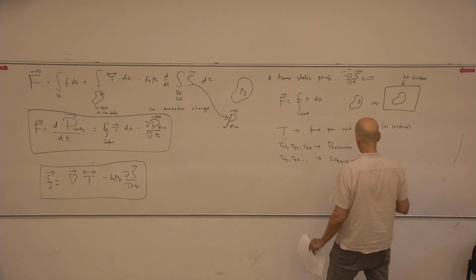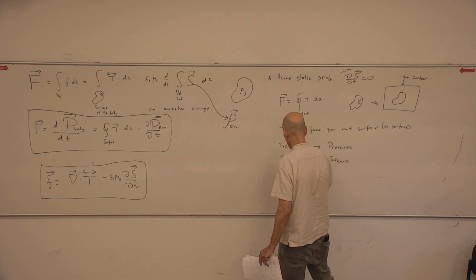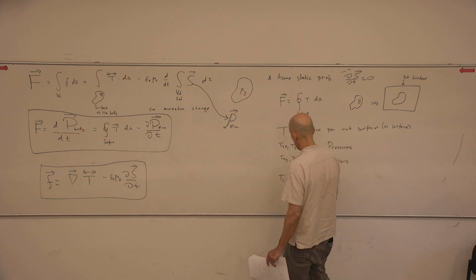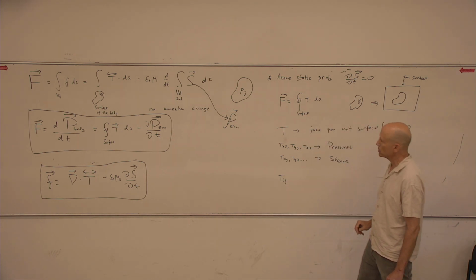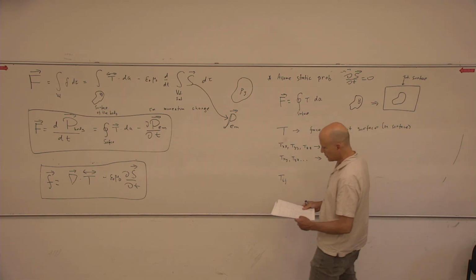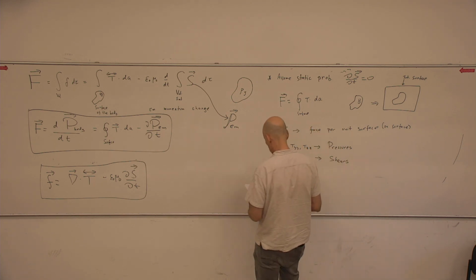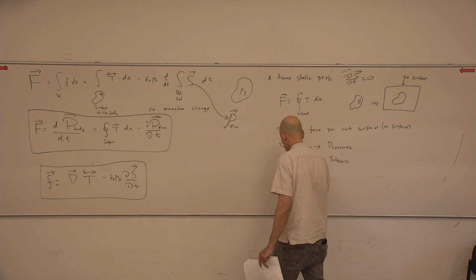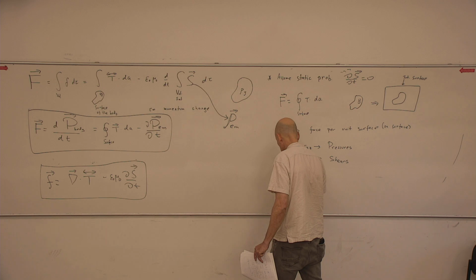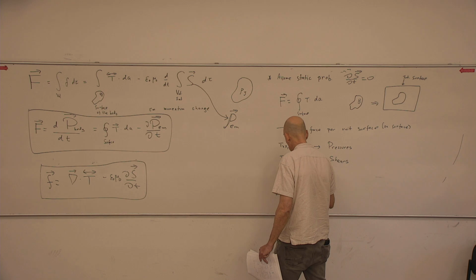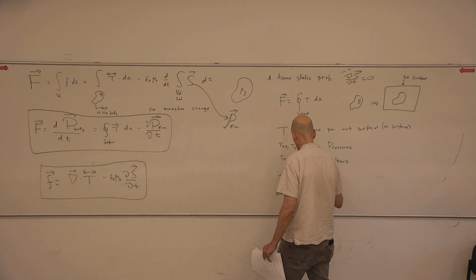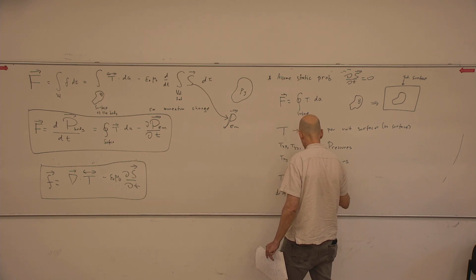So if I have Tij, we have two indices here, and this is a bit confusing. What is the first index and what is the second index? This is kind of by definition. The first index is the direction of the force. And j is actually the direction of the surface element.